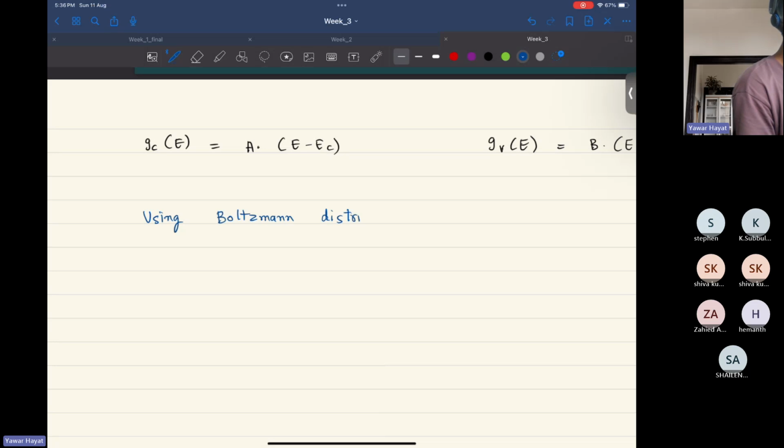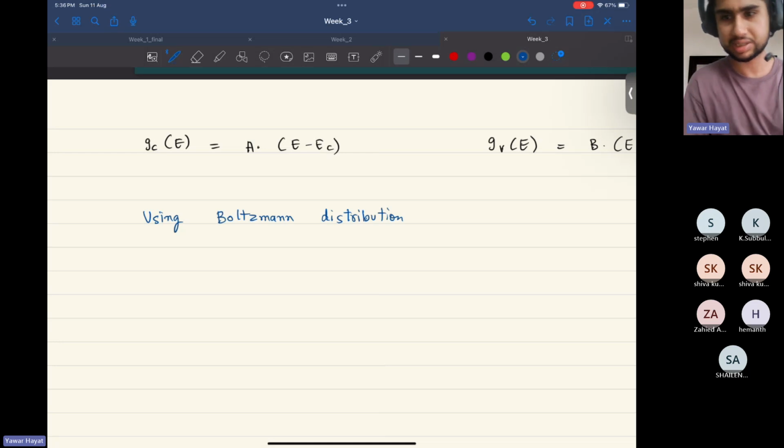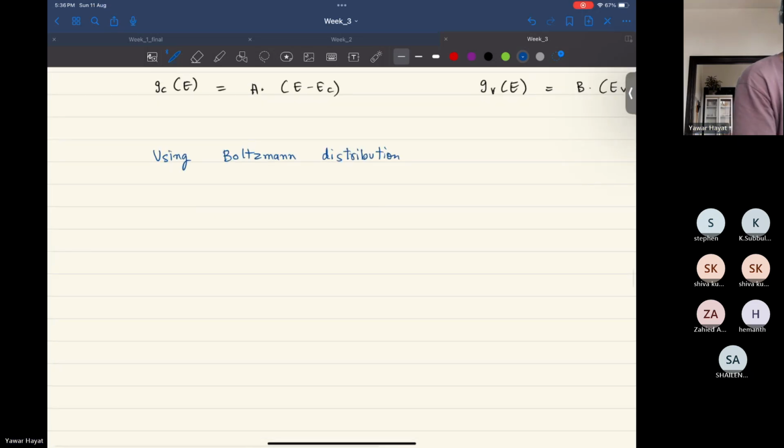By the way, type in chat, what is the other type of distribution if it were not Boltzmann distribution? If we were not told to assume Boltzmann distribution, then we had to use which distribution? Just type that in chat. Okay, I'll proceed and continue. If at any point of time the question is not clear, let me know. Just type repeat the question and I'll repeat it all over again.